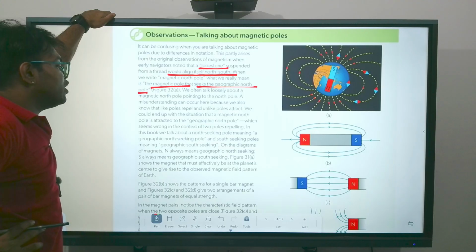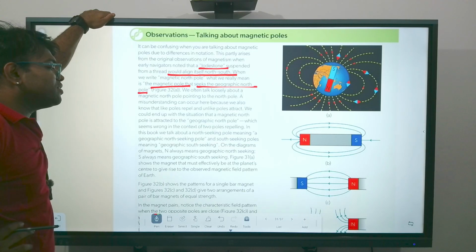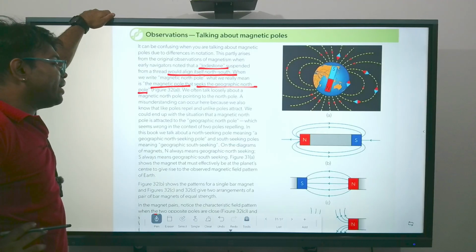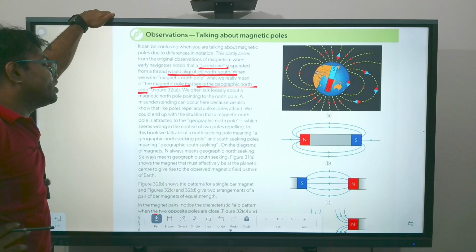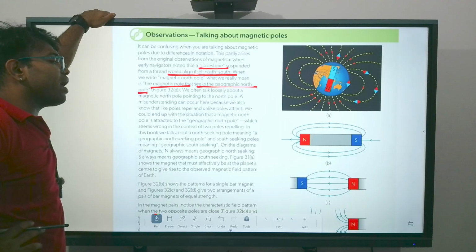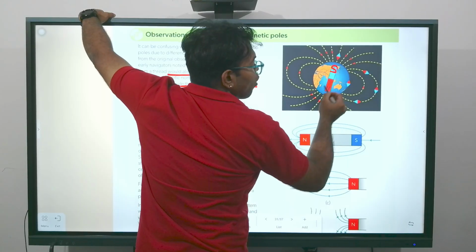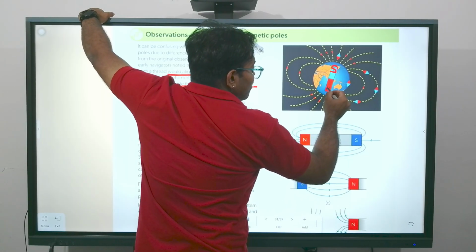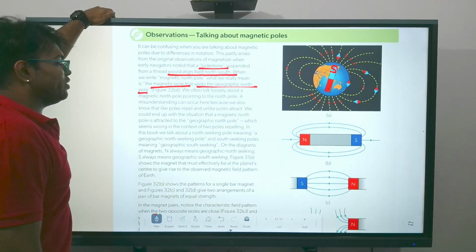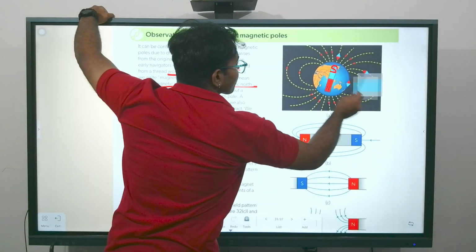Figure 31a shows the magnet that must effectively be at the planet's center to give rise to the observed magnetic field patterns of the Earth. Right? There is a south pole at the north pole of the Earth, and there is a north pole at the south pole of the Earth. Understood?